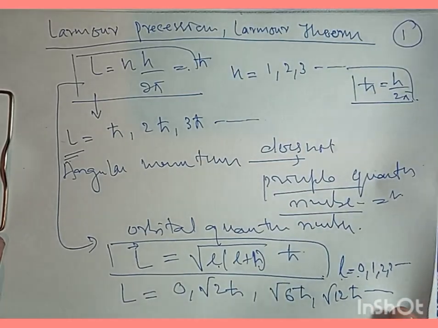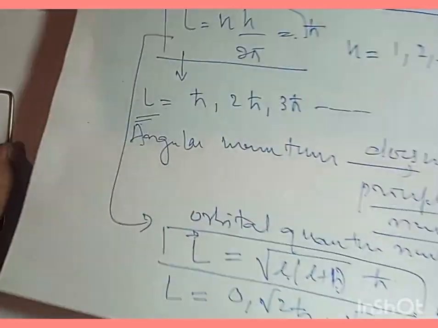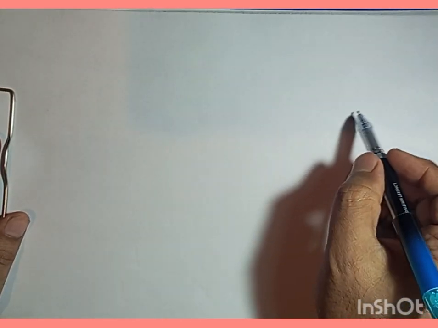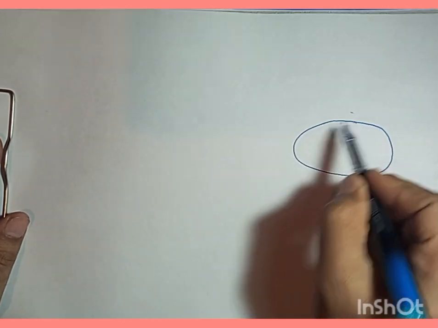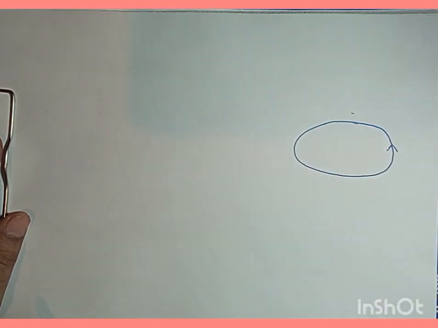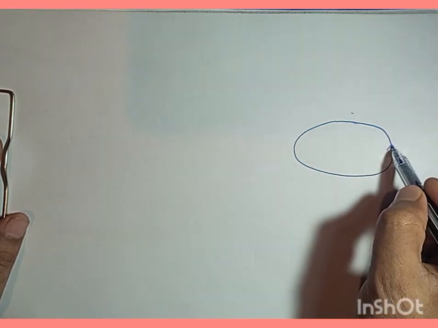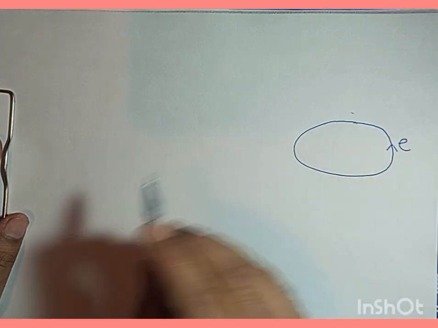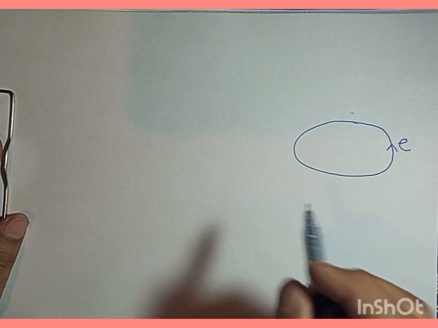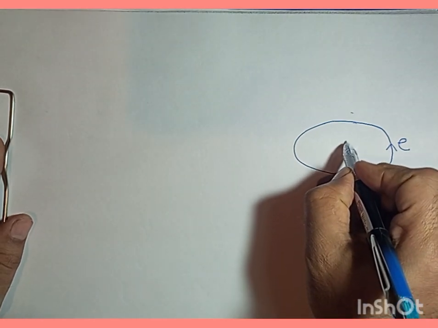Now, what is important here is that we assume an electron revolving, and this revolving electron is an equivalent current loop. If I assume that the charge of this electron is e, and we apply the magnetic field in the z direction.